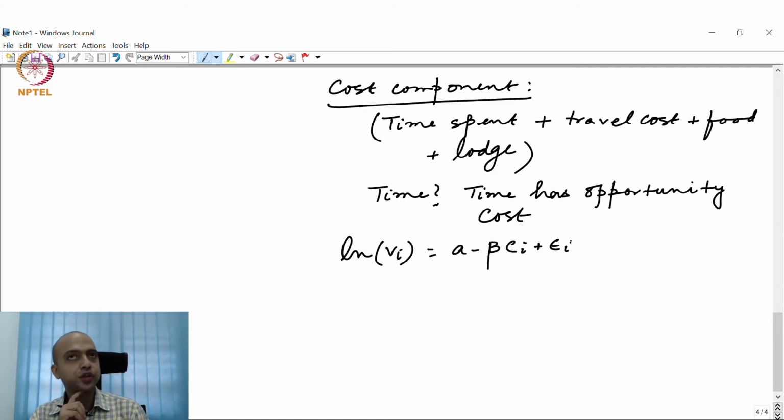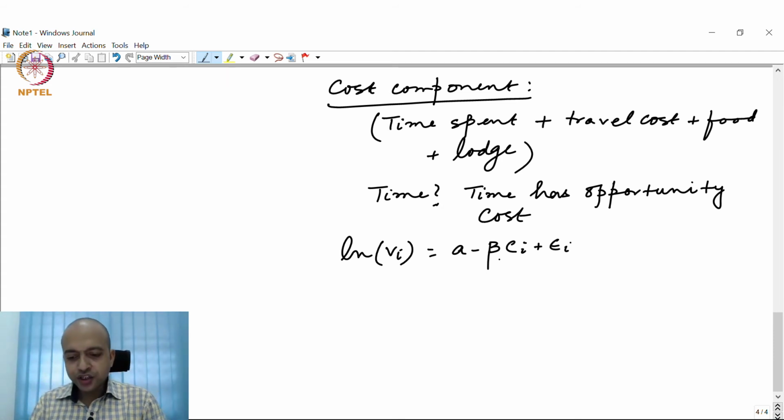Vi is the number of trips that the ith individual made in the last 1 year. Ci is the cost incurred, right? So beta is basically the responsiveness of demand for the environment with respect to the cost, which we treat as a price. So the price for the environment is basically the cost incurred, right?